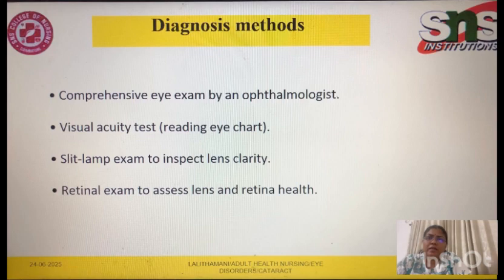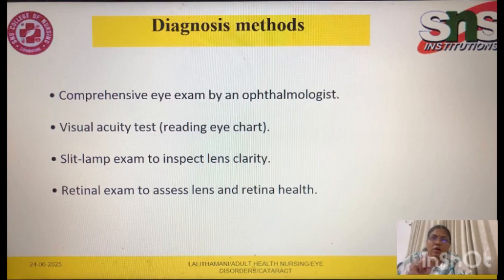So we will be starting to know about cataract by merely having an inspection of the patient. When merely looking at the patient with bare eyes, we can find out the opacity of the lens, because the opacity will be like a cloudy structure.